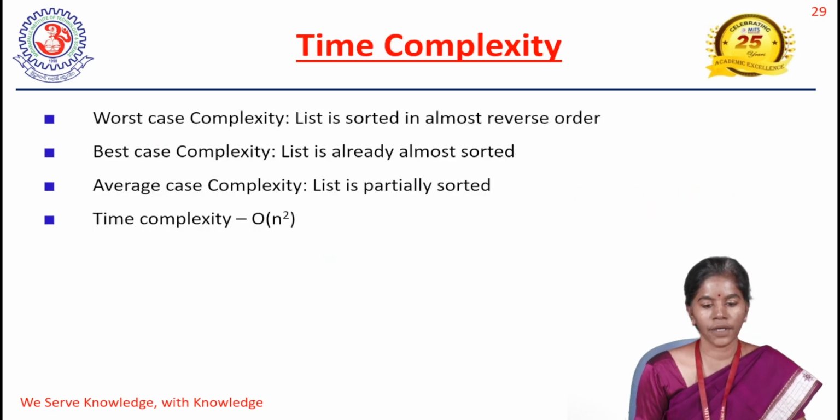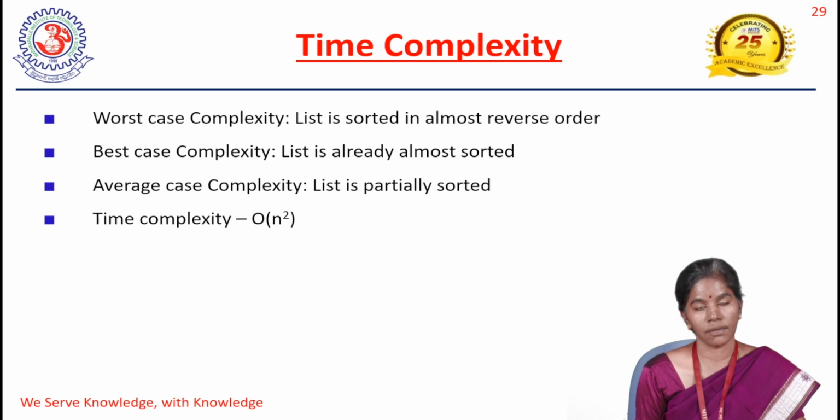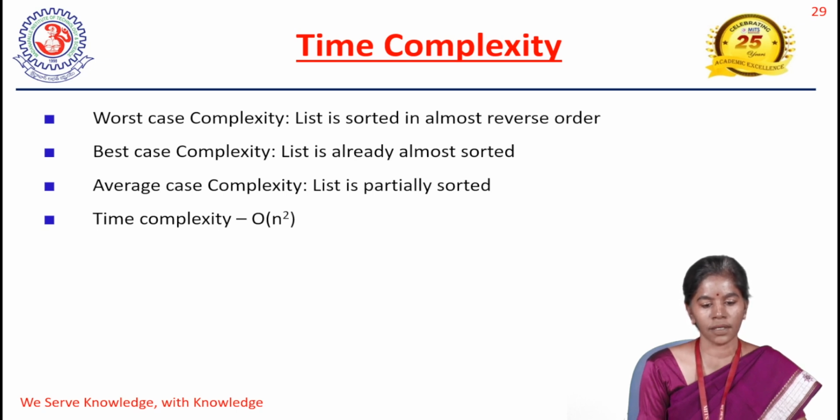Already in the previous presentation on selection sort, I talked about worst case, best case and average case. The worst case is when the elements are totally in reverse order.